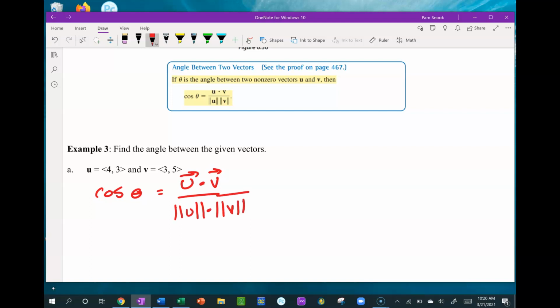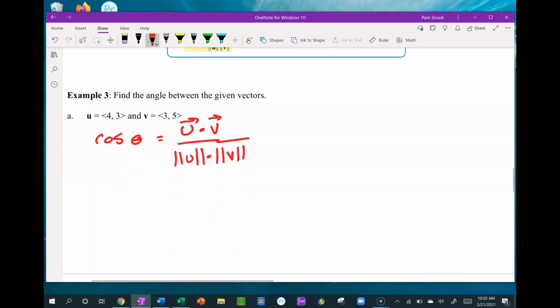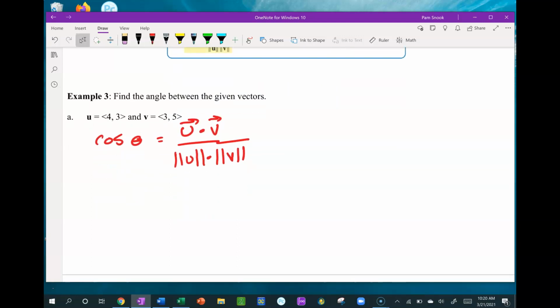Easy way to do this is just find each piece and then plug it in. So first is going to be the dot product of u dot v. So that's going to be 4 times 3 plus 3 times 5. I'm going to get 27.